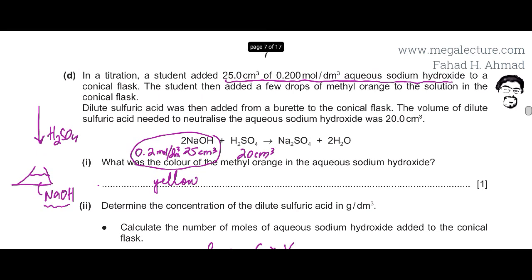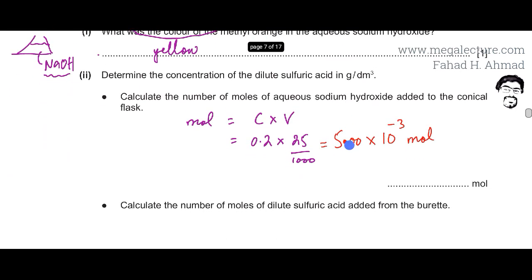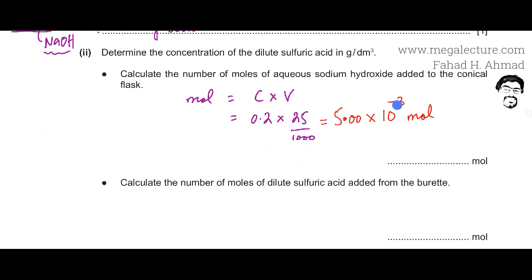All the other values are also given up to three significant figures. Concentration is also given up to three significant figures. It's not 0.2, it's 0.200. That means you're accurate up to this point. Beyond this point, you're uncertain. So the answer is going to be 5.00 × 10^-3 moles.